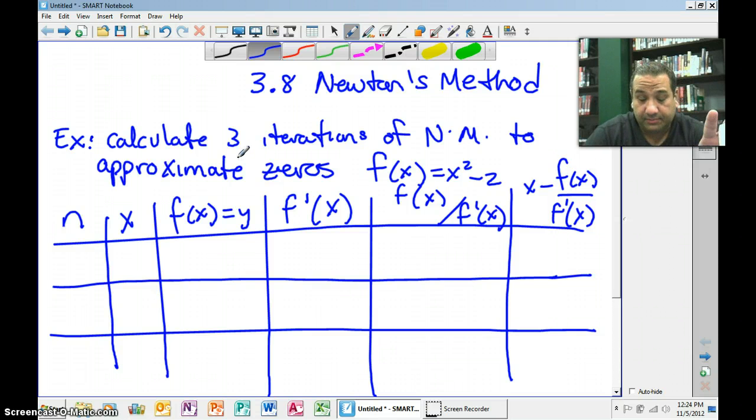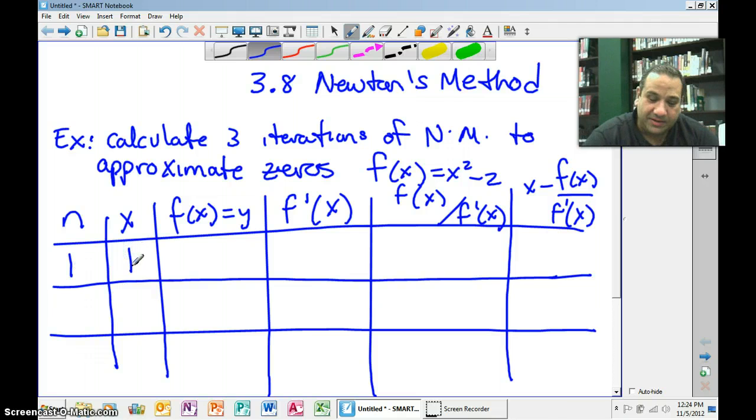Sometimes it'll say to get within a certain amount, like 0.001, or 0.0001. So that's what we're going to do. My first iteration, I'm going to guess 1 as my x.